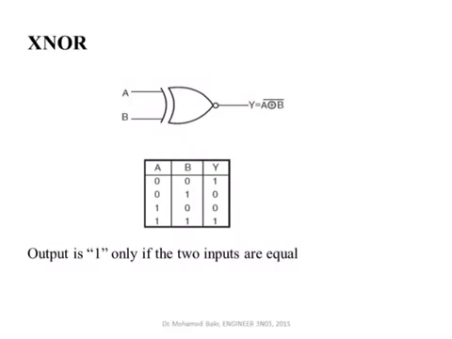The second gate that I would like to mention is the exclusive NOR, and the exclusive NOR will detect that the two inputs are equal. It is the negation or the complement of this exclusive OR, and you can see when you have 0 and 0 you get 1. When you have 1 and 1 you get 1, otherwise you get zeros.